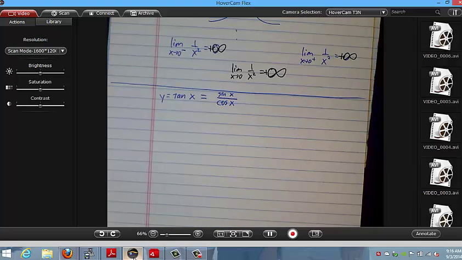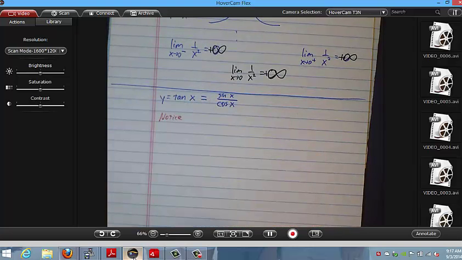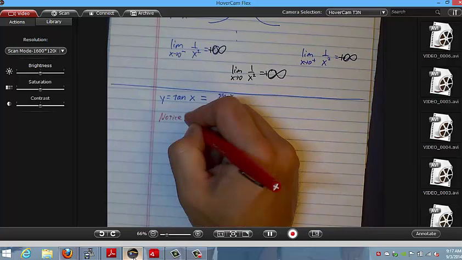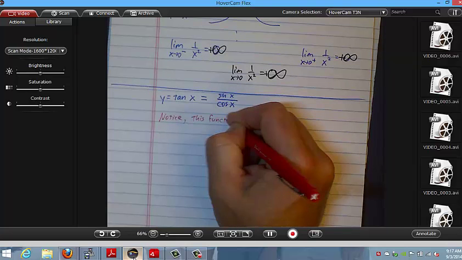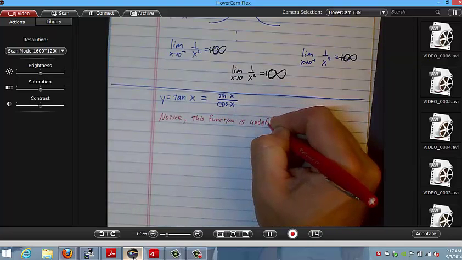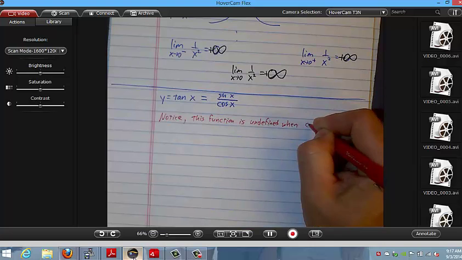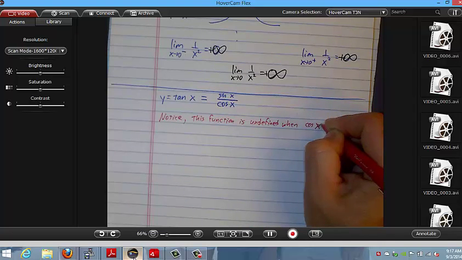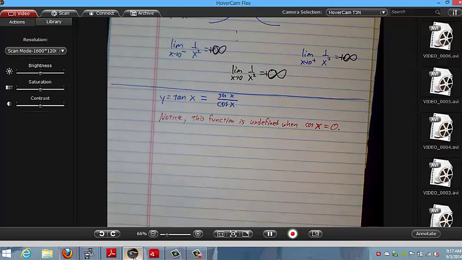I want you to notice, okay, this function is undefined when the cosine of x is 0. Right?